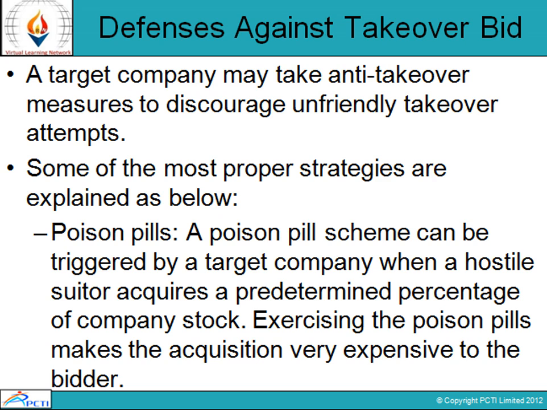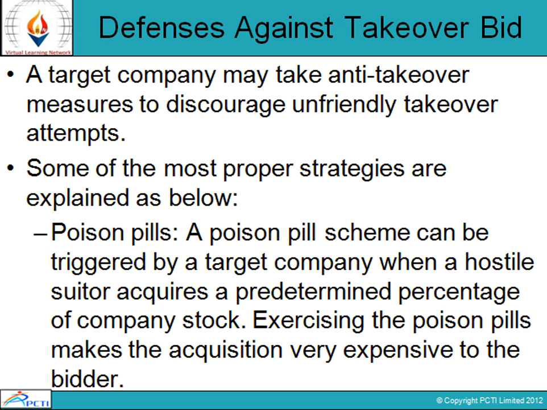Now there are defenses which are against the takeover bid. So a target company may undertake anti-takeover measures to discourage unfriendly takeover attempts. So one such measure is staggering the terms of the board of directors so that it may take several years to replace the entire board.